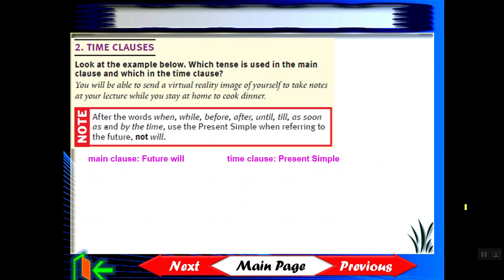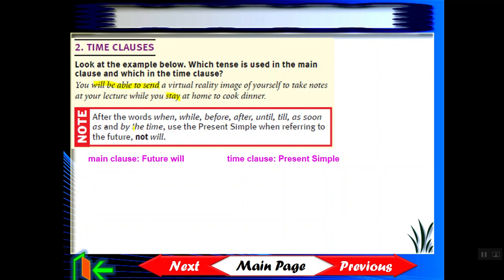You will be able to send a virtual reality image of yourself to take notes at your lecture while you stay at home to cook dinner. If you look here, you have two verbs, will be able to send, and you have stay. So this is future simple and this is present simple. Stay is present simple and will is future simple.